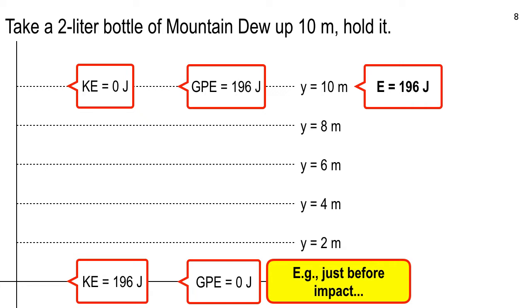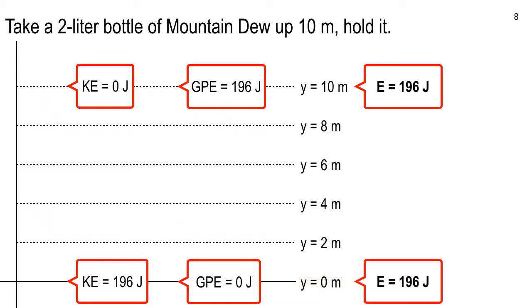And guess what? MGY is 0, because Y is 0. And so just before impact, those are the two values. But hey, guess what? Total mechanical energy, E, is still 196.